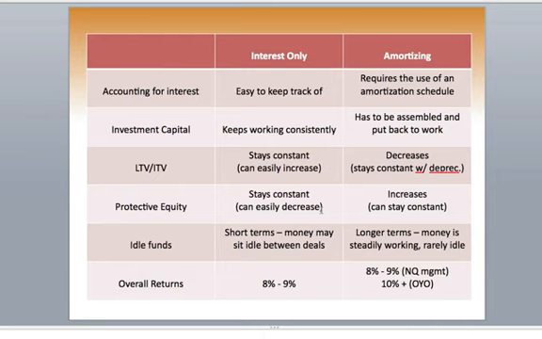Interest only is more risky because if there's price deflation in real estate, you're more and more at risk with your capital, whereas with an amortizing situation, you're constantly getting safer with each monthly payment. And so if something goes wrong in the market, you're doing okay.